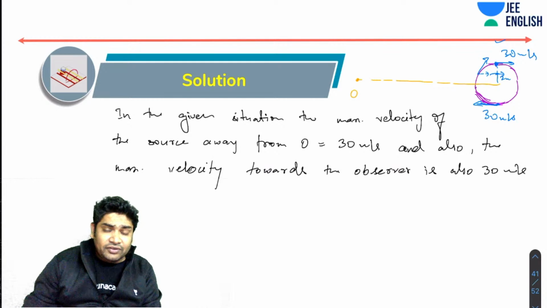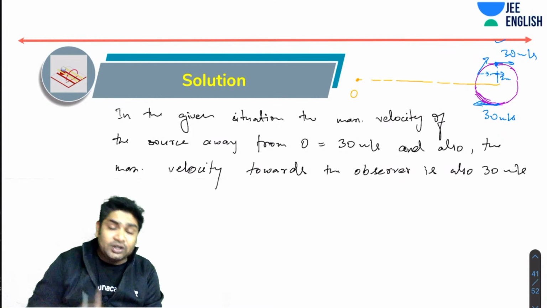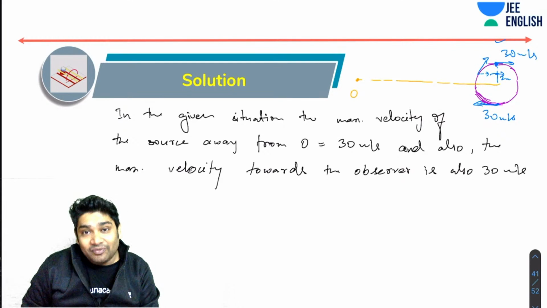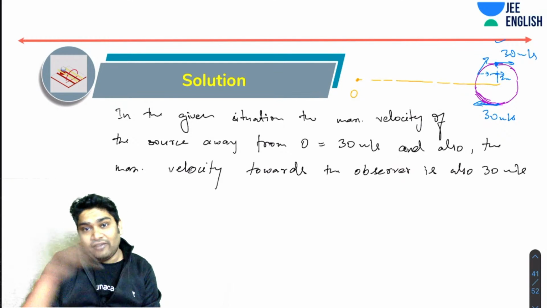So the maximum frequency would be heard when the source is moving towards the observer, and the minimum frequency would be heard when the source is moving away from the observer.